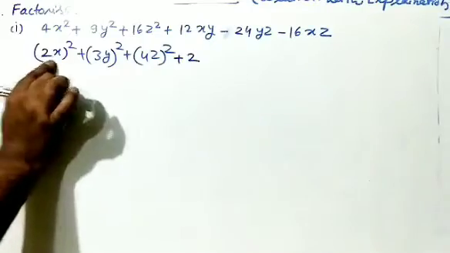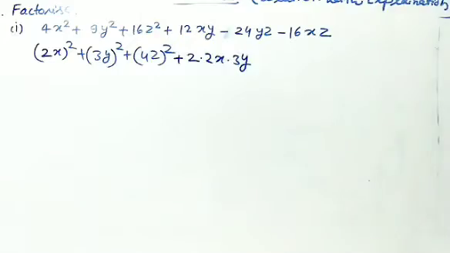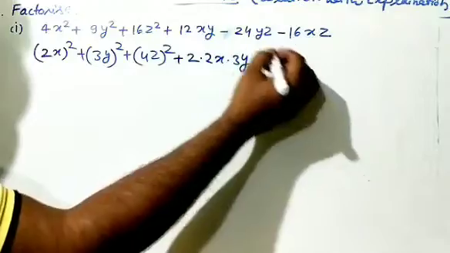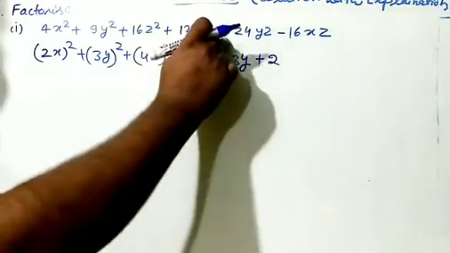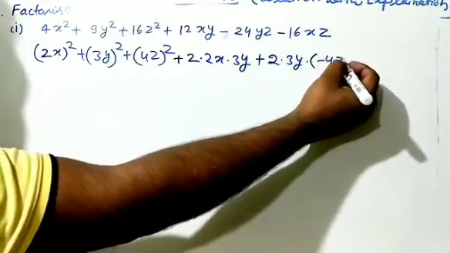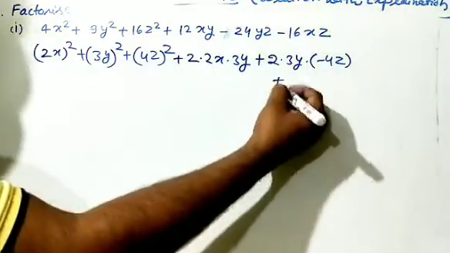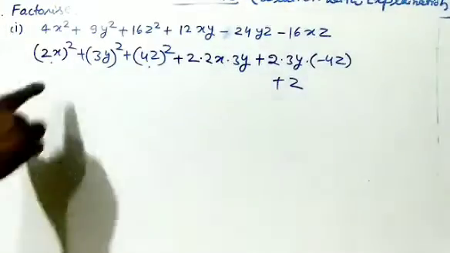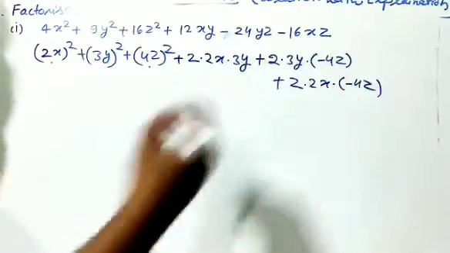So x term is 2x and 3y, so write 2 times 2x multiplied by 3y, plus again 2, it is the yz term, 3y and 4z, but it is minus, so we write 3y multiplied by minus 4z. In the last term, 2 times x and z, here it is minus, so multiply 2x and minus 4z.